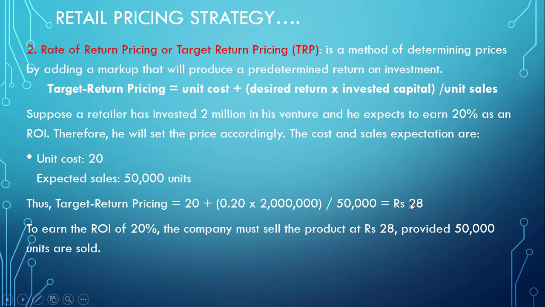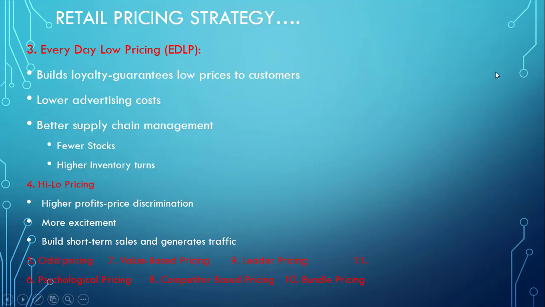The concept here is the retailer will sell all the merchandise in the allocated time, meaning the merchandise of 50,000 units will be sold at 28 dollars. So this is known as TRP, rate of return pricing or target return pricing.